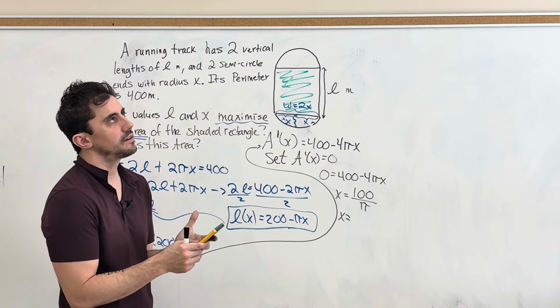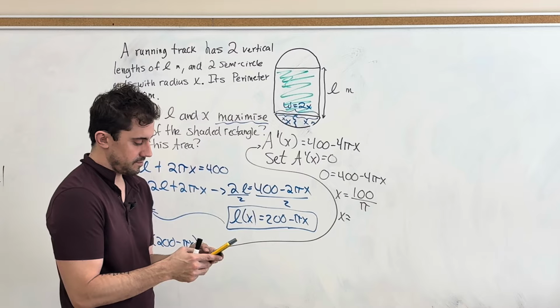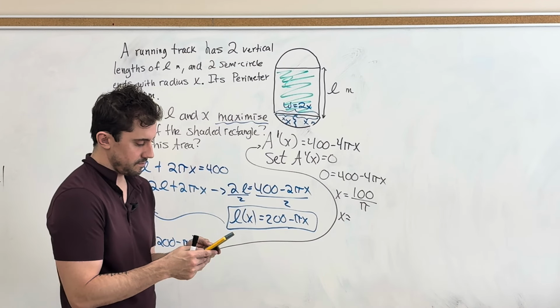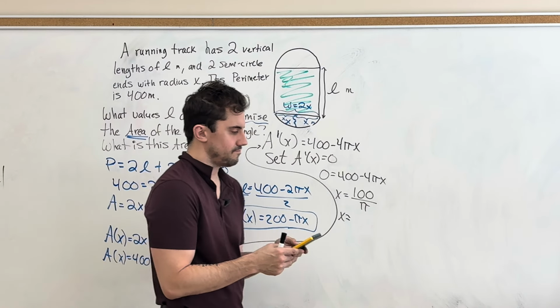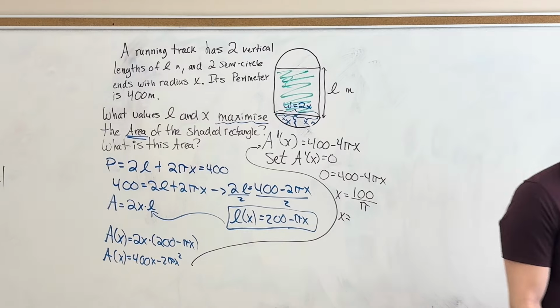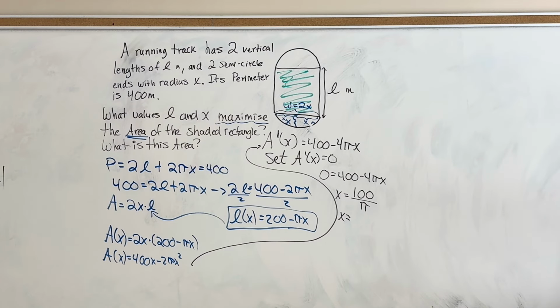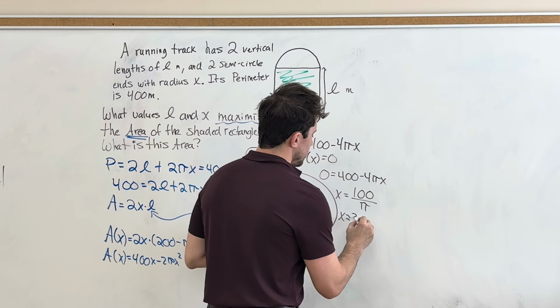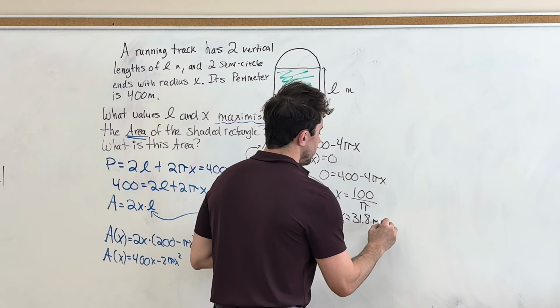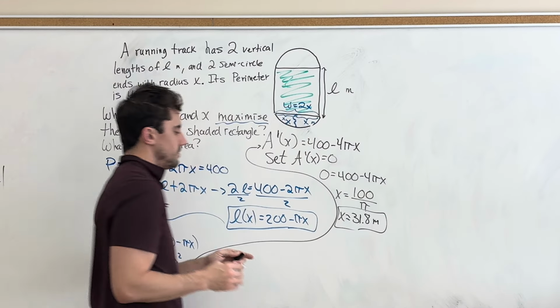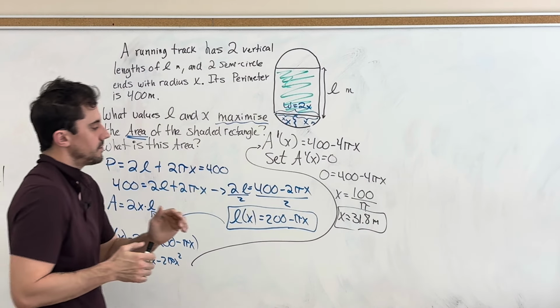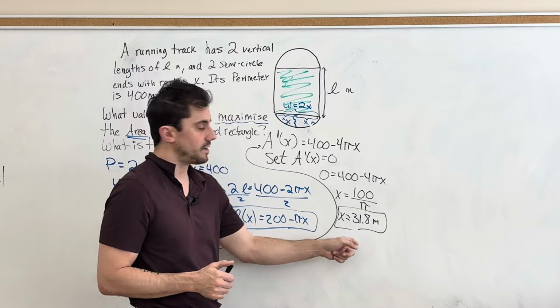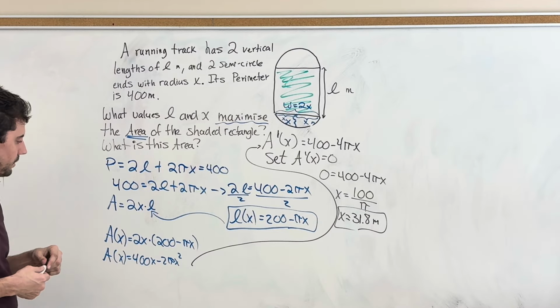What's an estimation? 30 or so? 31.8 or so to one decimal place, 31.8 meters. And so this is our x value. This is our only x value, right? That would find us the critical point of this function.